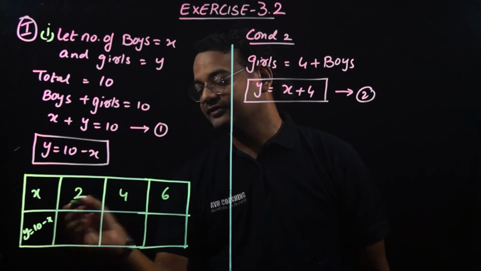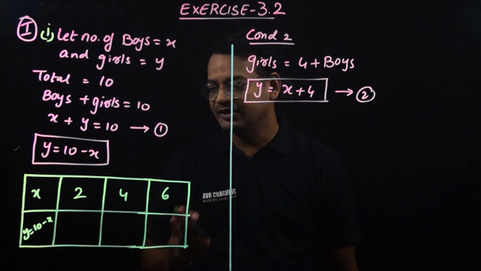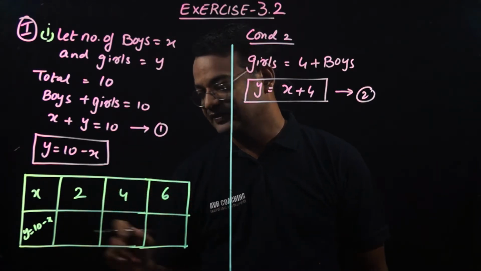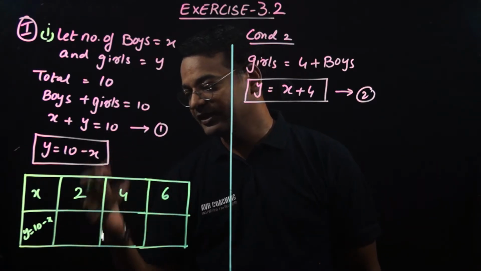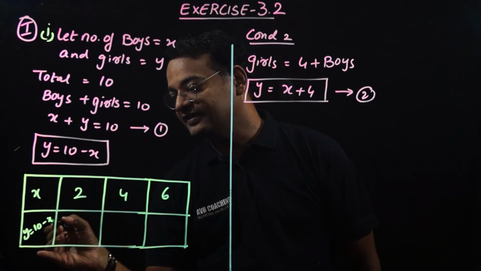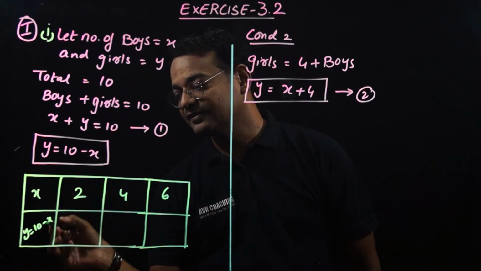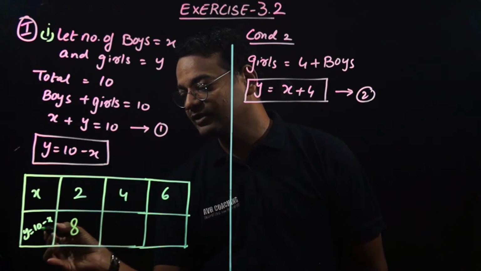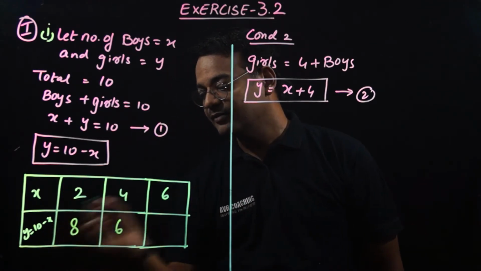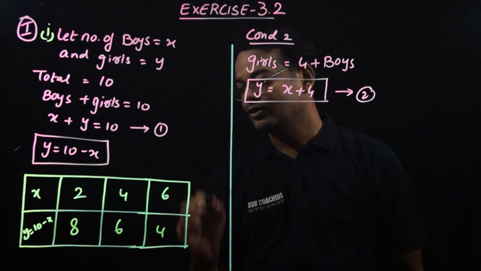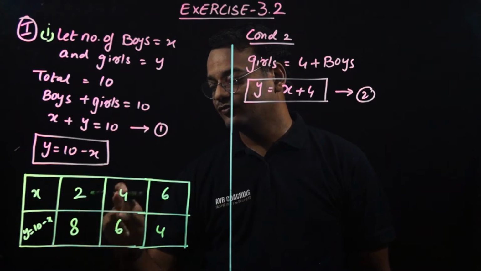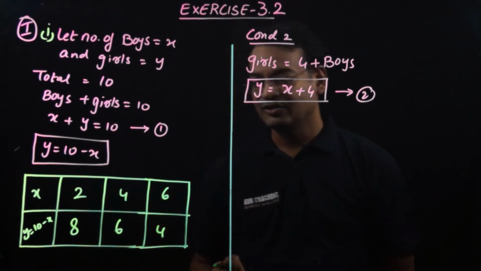I am assuming any values; you can take any values for x. It's not mandatory that you take only 2, 4 or 6. So y equal to 10 minus x: 10 minus 2 is 8, 10 minus 4 is 6, 10 minus 6 is 4. The coordinates for this equation are (2, 8), (4, 6) and (6, 4).